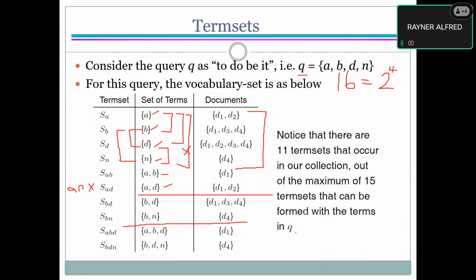So DN we have here, and also BN, right? BN.